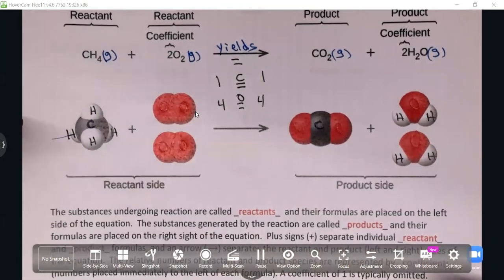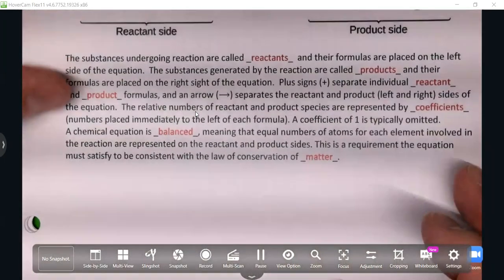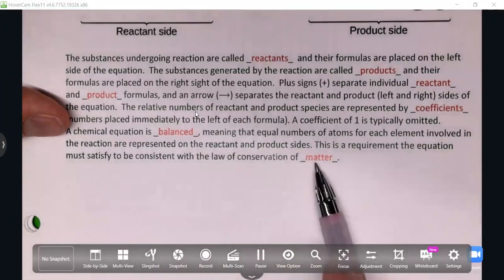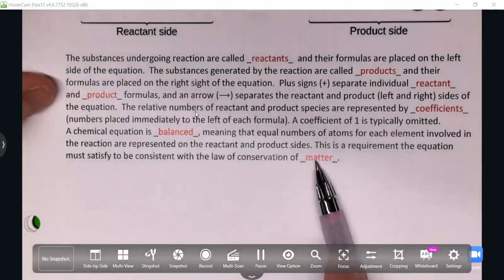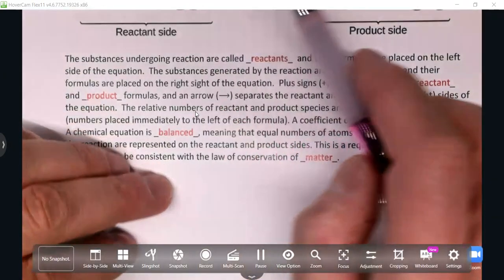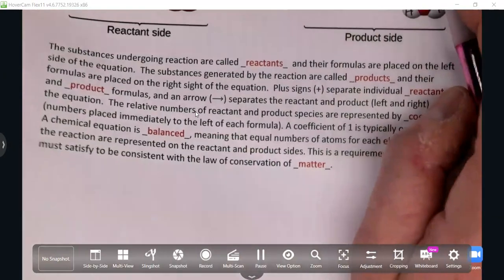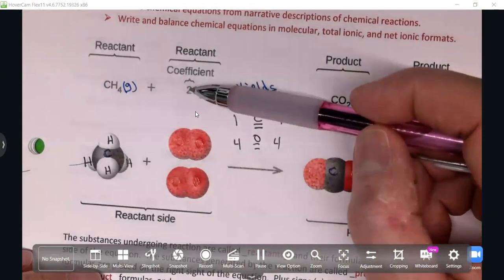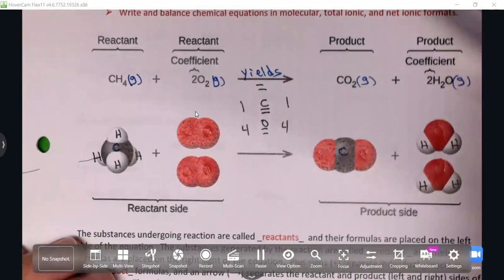And again, we are doing this to make sure we are consistent with the law of conservation of matter. So products on the right of the arrow, reactants on the left. In order to make sure it's balanced, we put coefficients in front.